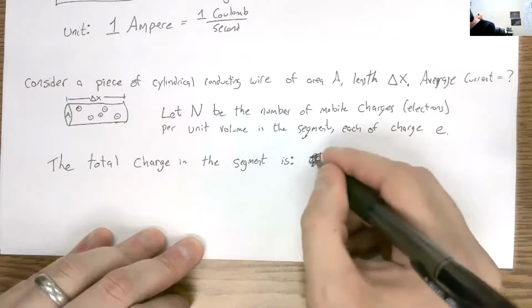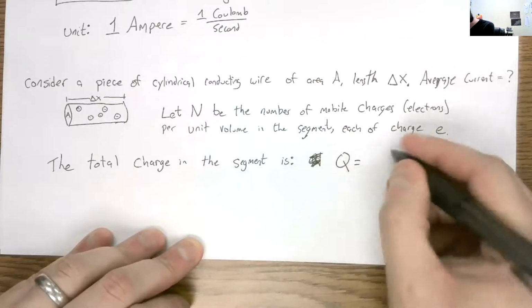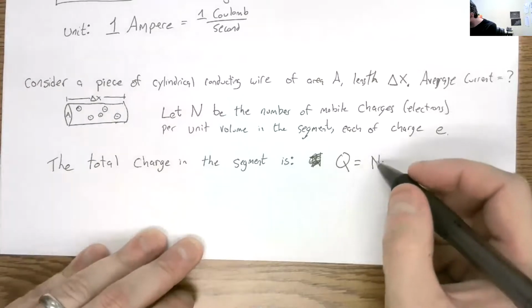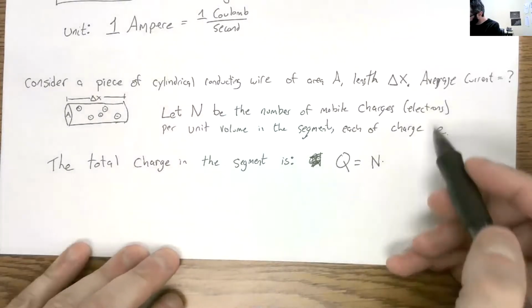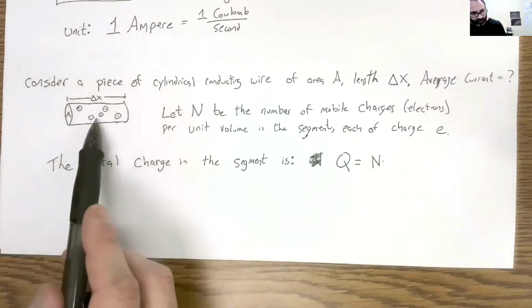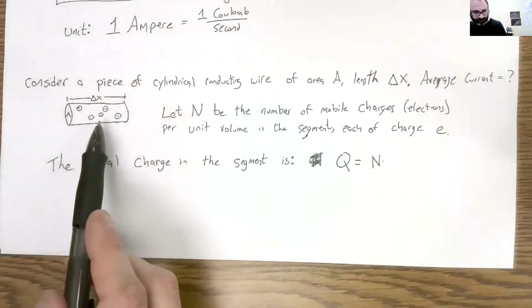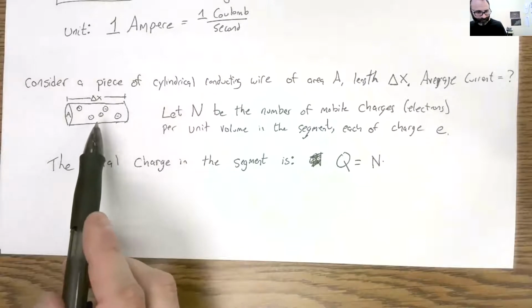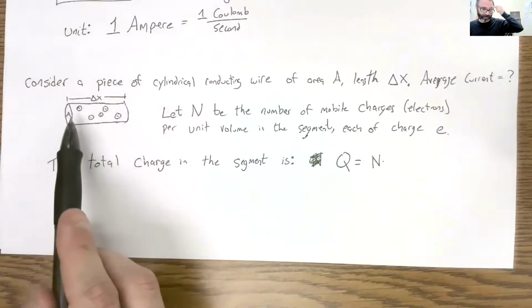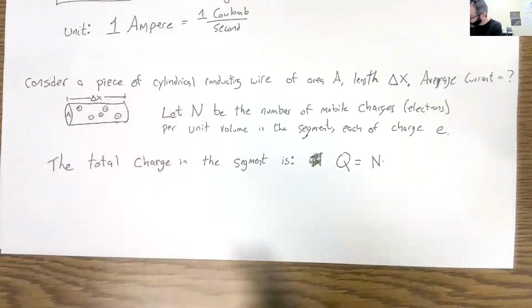I wasn't given a volume V, so what would the volume of this piece of wire be? Can we figure that out easily? It would be the area of the caps times the length. Yeah, exactly, this area times the length will give us the volume.